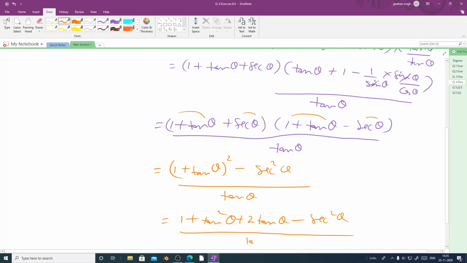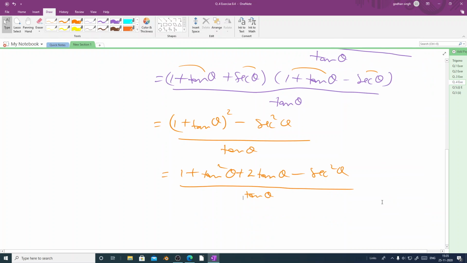over tan theta. Also we know that 1 plus tan square theta will be same as sec square theta, but they are of opposite sign because of the minus here. So we will be getting sec square theta plus 2 tan theta minus sec square theta over tan theta.